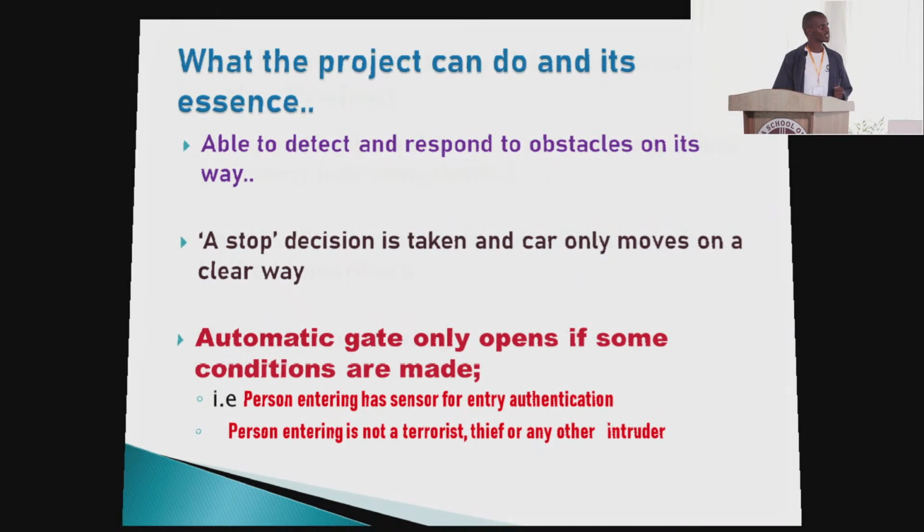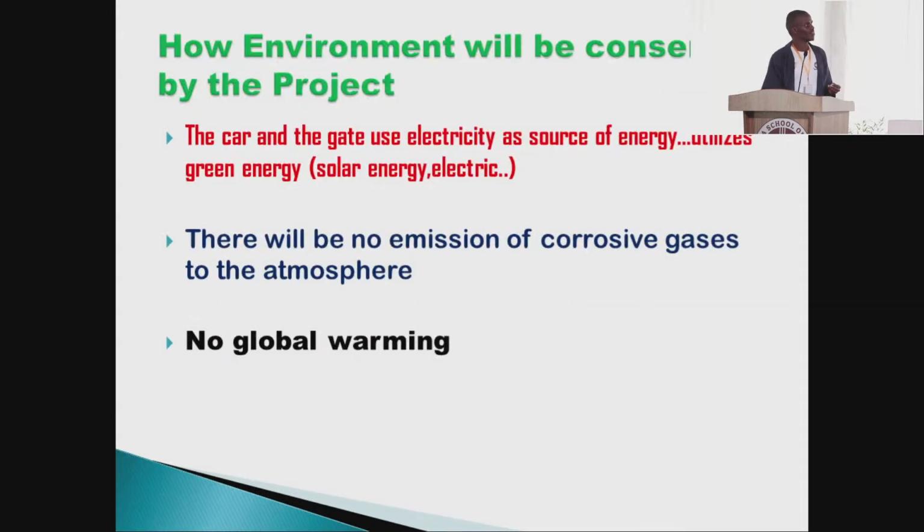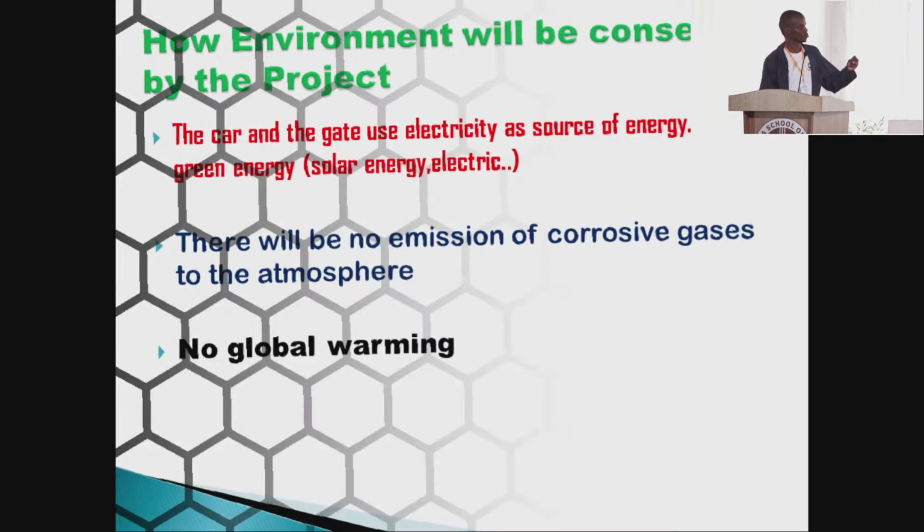Then environmental conservation: the vehicle can use solar energy or electricity, so we'll minimize corrosive gases, and we will use readily available materials in the environment.